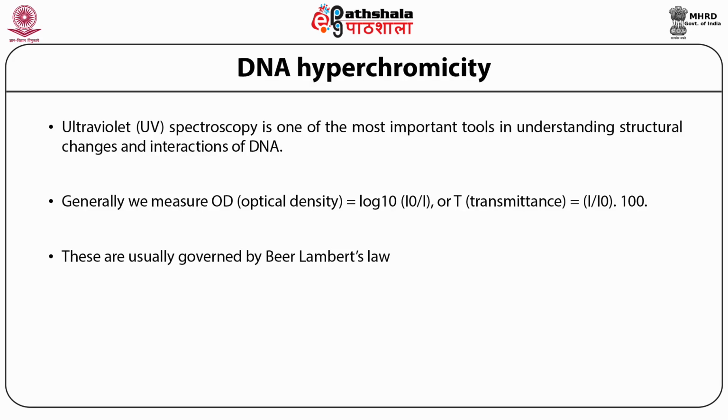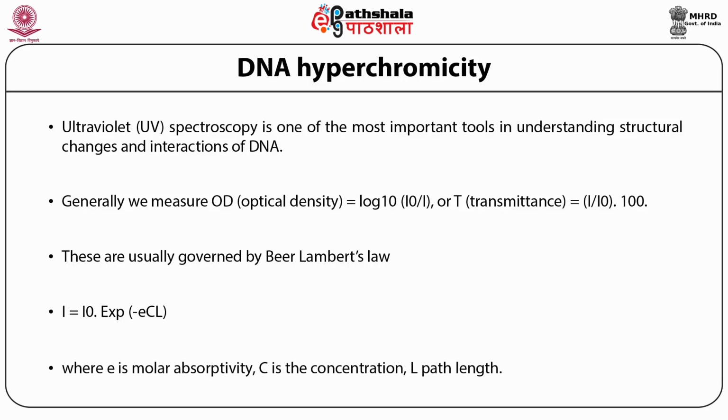These are usually governed by Beer-Lambert's law, I equals I0 exponential to the power minus epsilon C l, where epsilon is molar absorptivity, C is the concentration, while l is the path length.